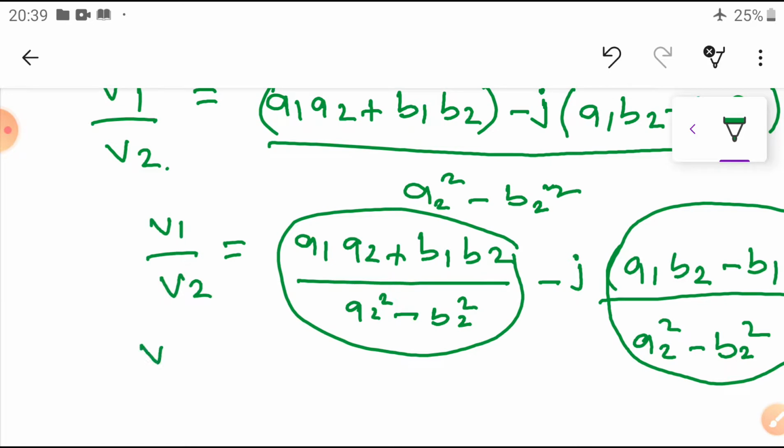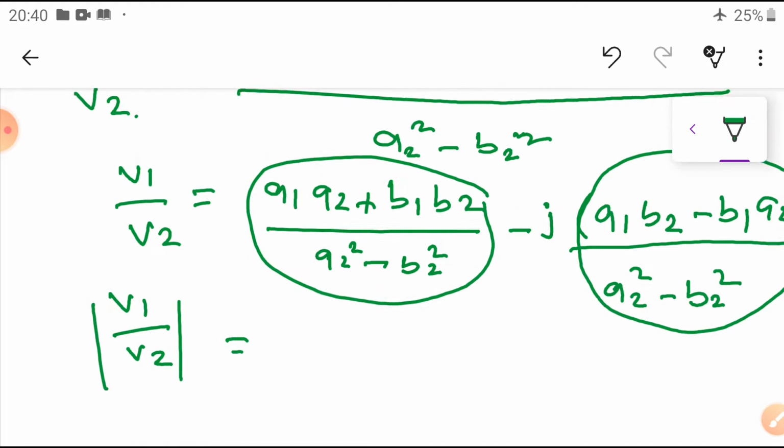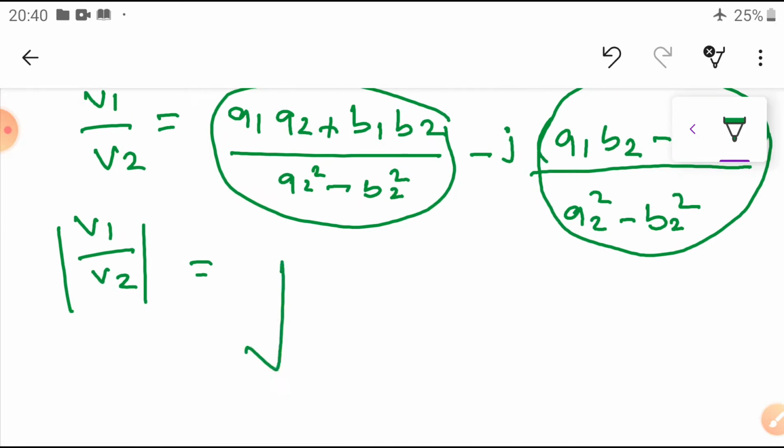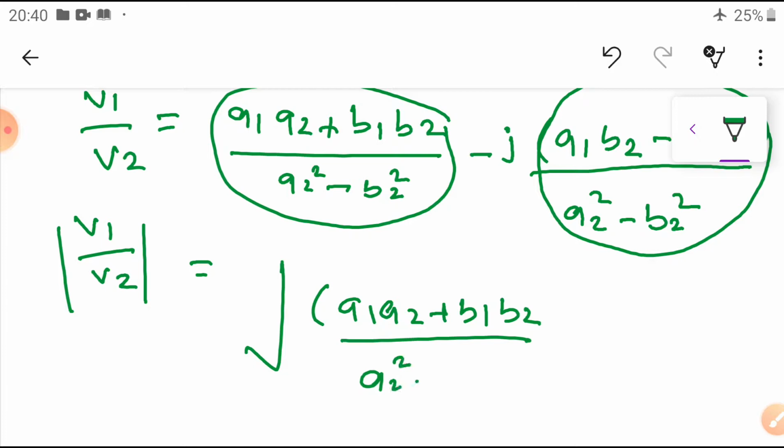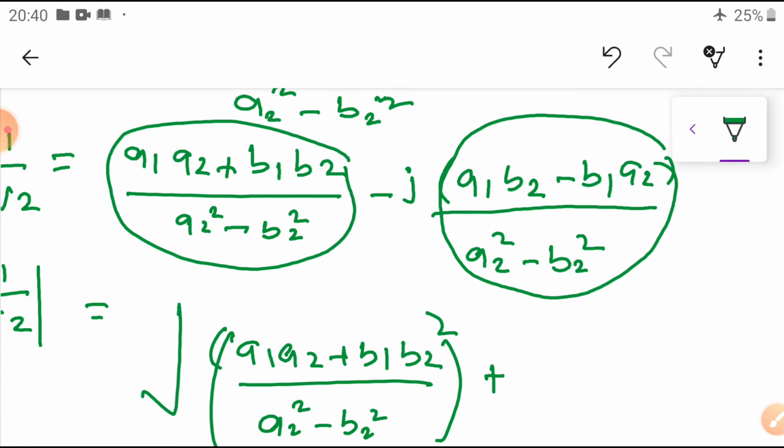Suppose the magnitude of V1 by V2 is required; for A minus jB, that is this whole square plus this whole square, under root. So we get A1 A2 plus B1 B2 over A2 whole square minus B2 whole square, this total whole square, plus here this whole square. What is the factor?